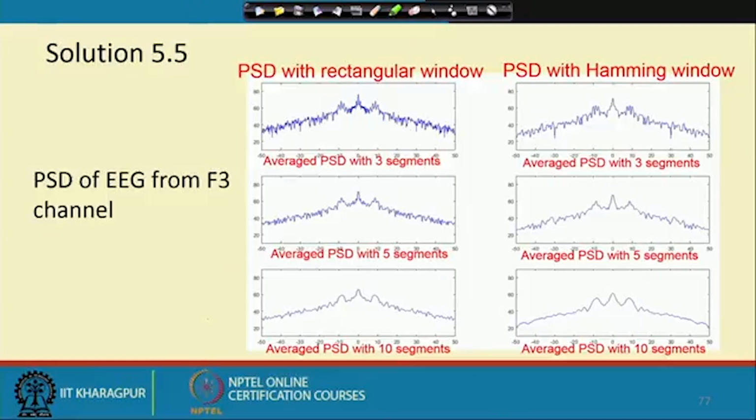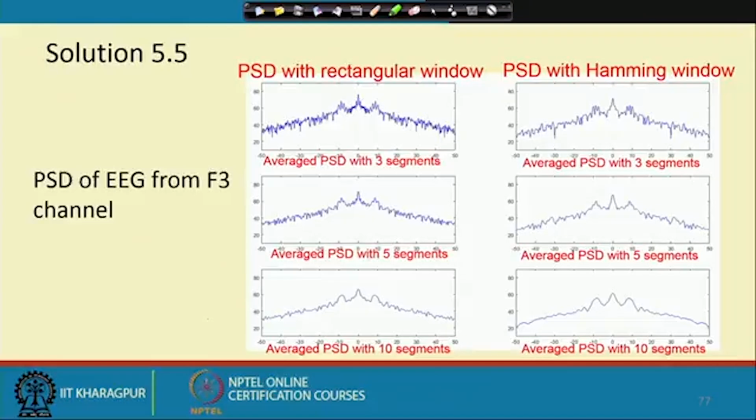On the left hand side we have the results for the rectangular window, and on the right hand side we have those for the Hamming window. If we compare left and right, we see the Hamming window is always giving a smoother PSD, and at the same time the rectangular window is giving more sharp peaks.